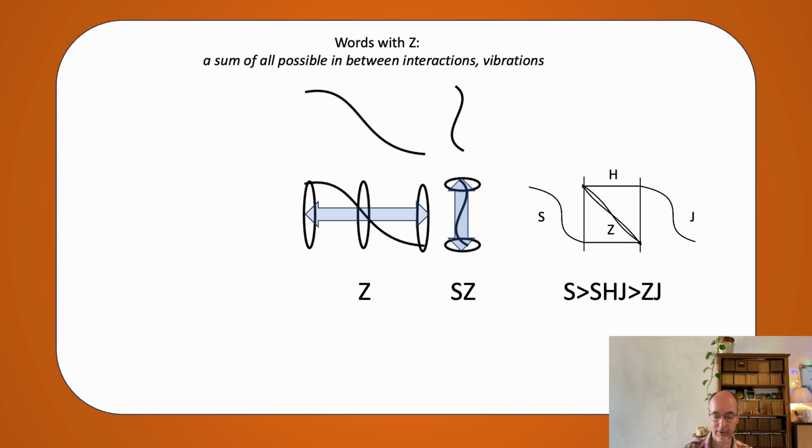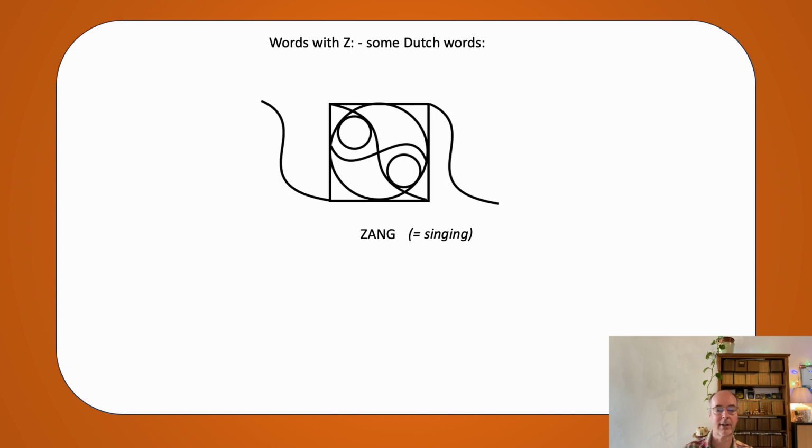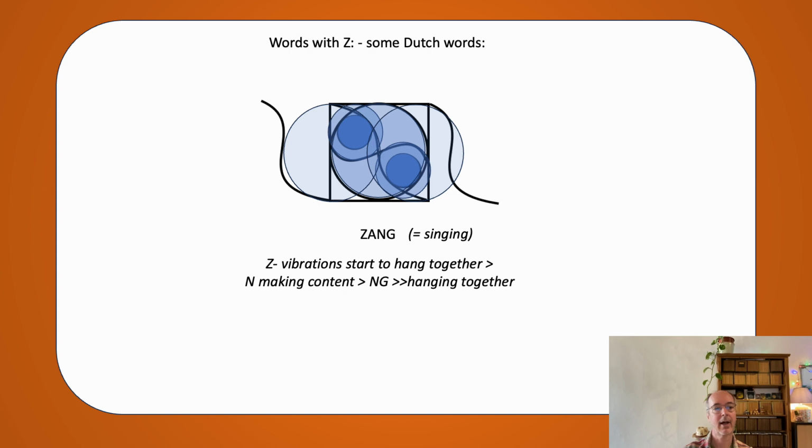Let's go to the Dutch words. I will start with ZANG, or singing. So I have this here. It's a helpful presentation. It's more and more focusing upon a middle, and all the vibrations are coming together towards the middle, and they find a place where they can fit together.